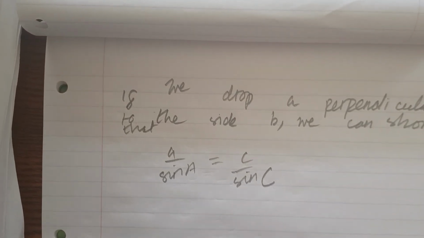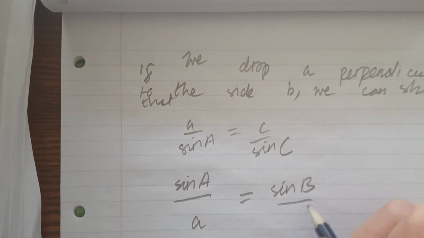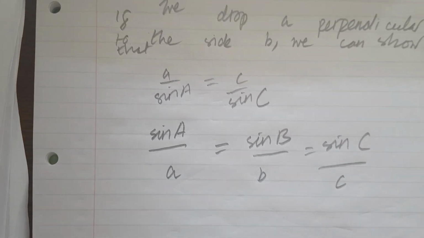So then we have ultimately shown that sin A over A is equal to sin B over B is equal to sin C over C. So that is the sine rule.